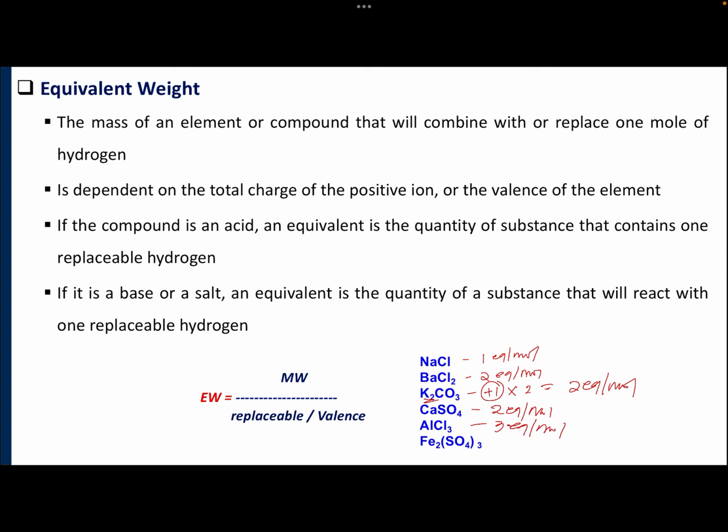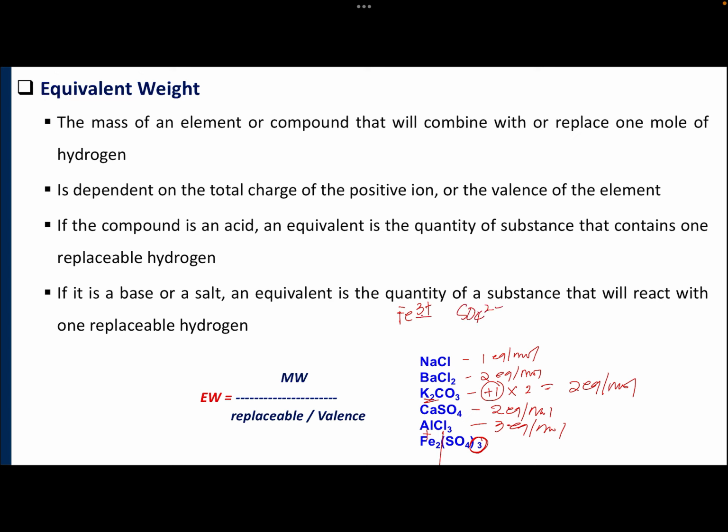For Fe, if you remember how to write a chemical formula, we use the crisscross to write the chemical formula. For this one, the 3 here is the charge of Fe. If we crisscross, we can form Fe 3 plus and SO4 2 negative.